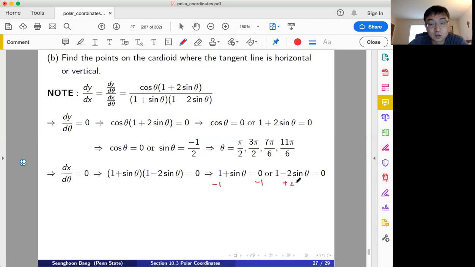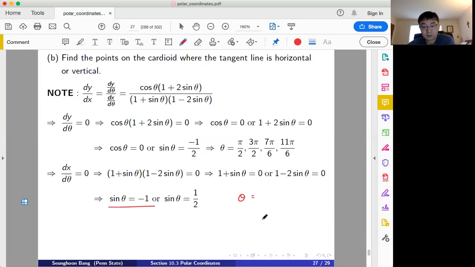Add 2 sine theta to both sides and divide by 2: sine theta equals 1/2. We have two equations. Find angle theta. Sine theta equals minus 1, what is angle theta? Yes, 3 pi over 2.